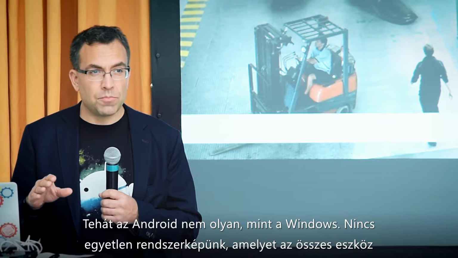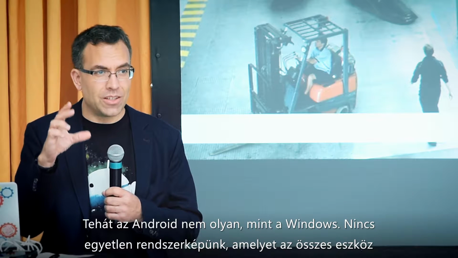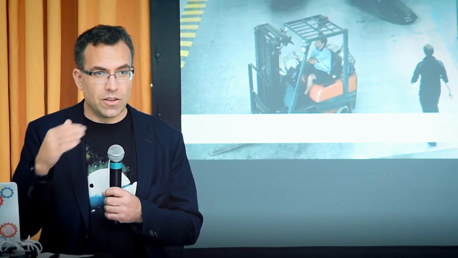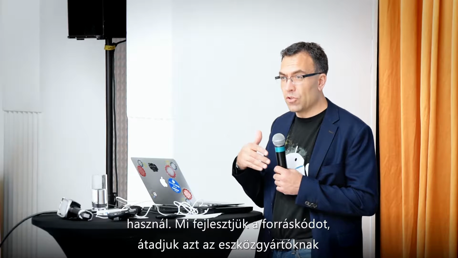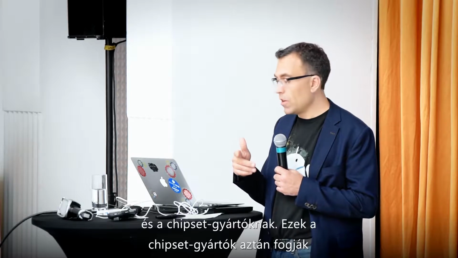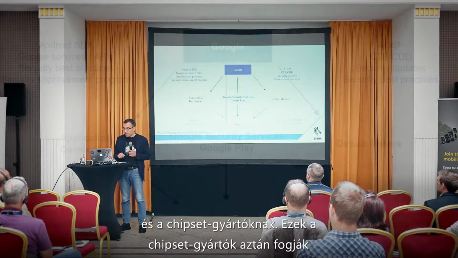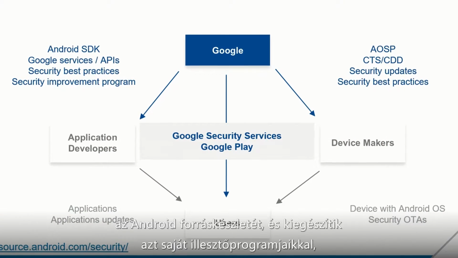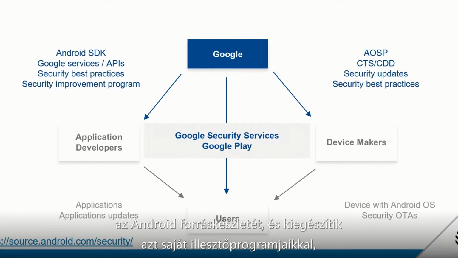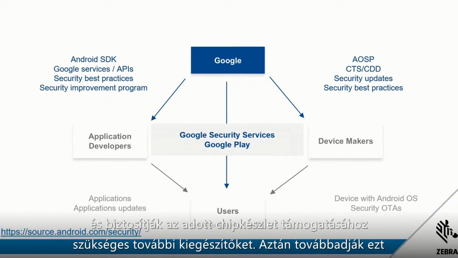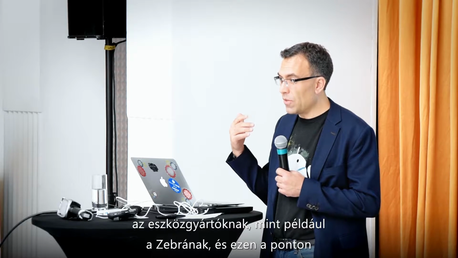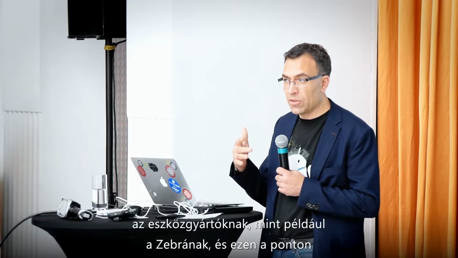Android isn't like Windows. We don't have a single system image that all devices use. We produce the source code. We distribute that source code to device manufacturers and chipset vendors. Those chipset vendors then take that set of Android source and add their drivers and the other customizations they need to support that particular chipset. And they provide that to device manufacturers like Zebra and others.